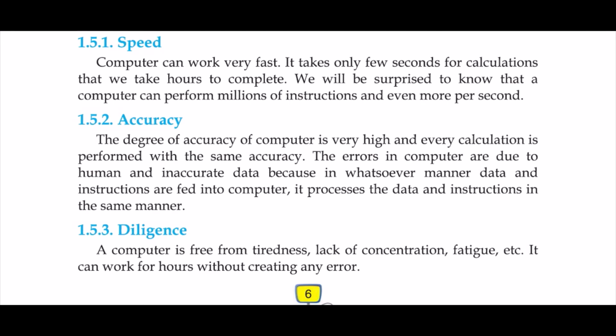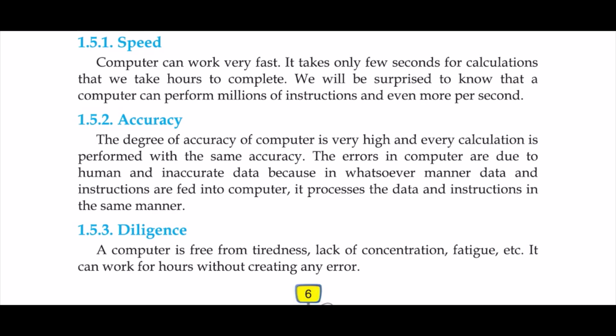Accuracy. Accuracy is precision. The degree of accuracy of a computer is very high and every calculation is performed with the same accuracy. The errors in a computer are due to humans and inaccurate data, because in whatsoever manner data and instructions are fed into the computer, it processes them in the same manner.